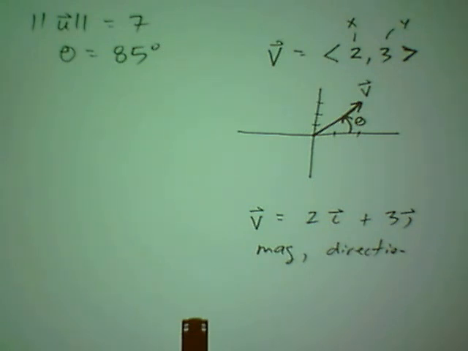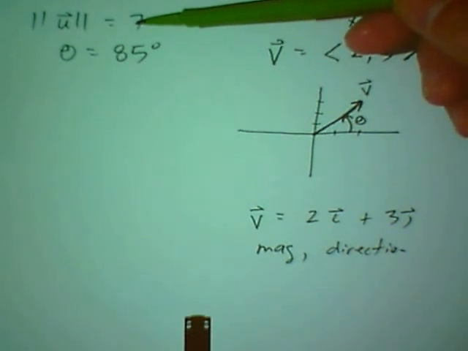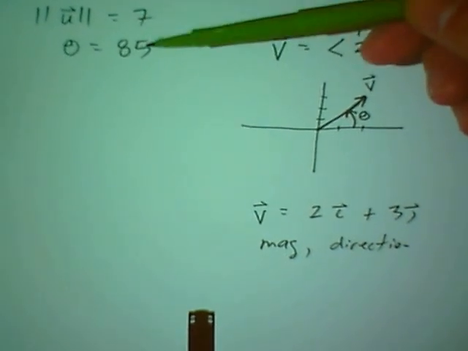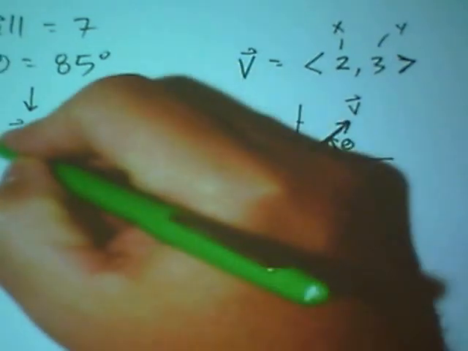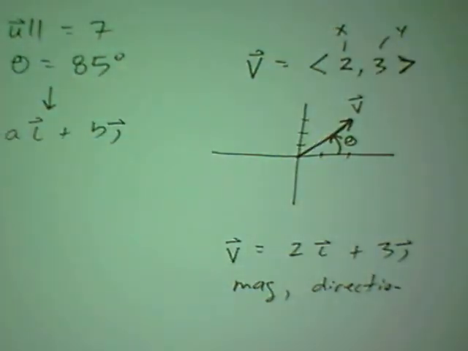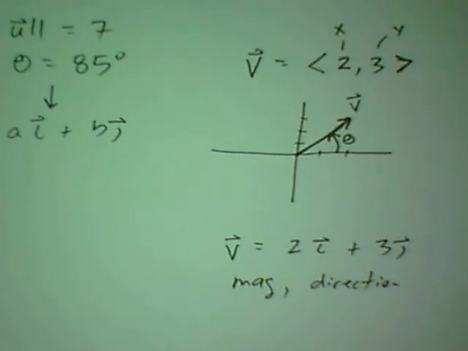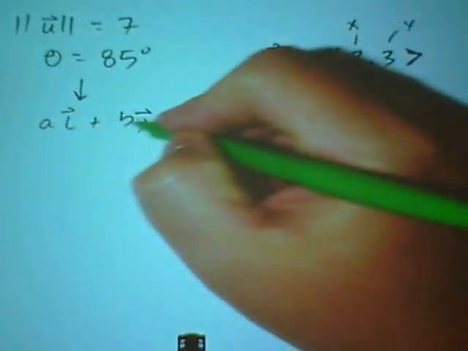That's what this problem is. They've given us the magnitude and the angle, or direction, of the vector, and they want us to rewrite that vector in terms of i and j, where you can think of x and y.